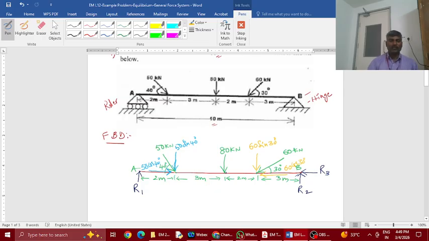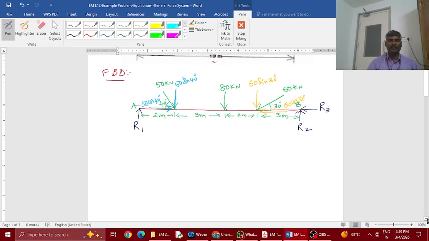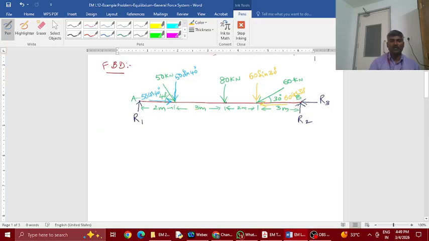So this is the next thing to do. First we draw the free body diagram, then we resolve the forces, because the forces are inclined. Now as the bar is stable, which means equilibrium, we apply equilibrium equations. Okay, for a general case of force system, you can apply three equilibrium equations.